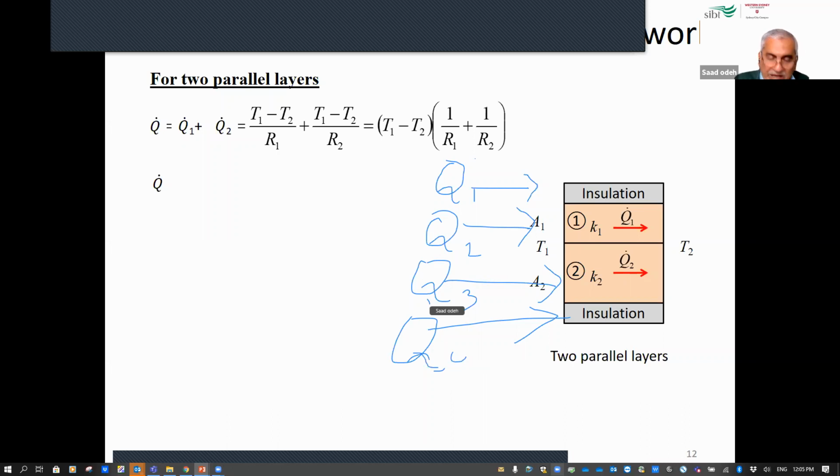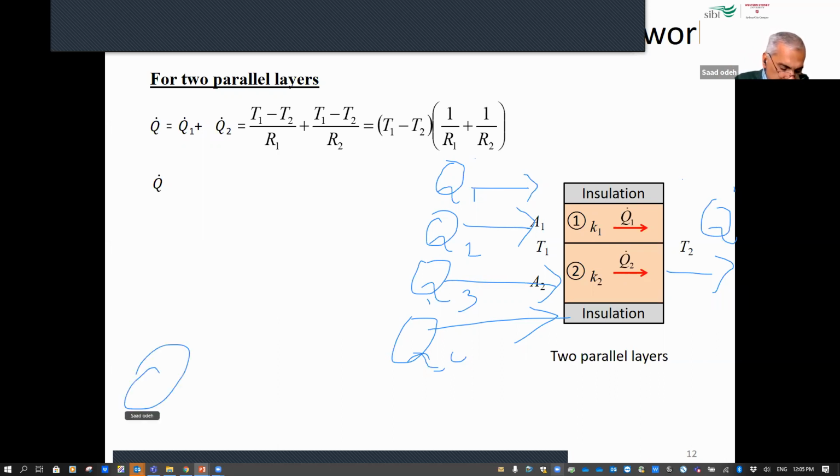And because we have different materials in this layer, it's no more one layer like before. It's not all of this brick or all of this insulation. It's stacked above each other.